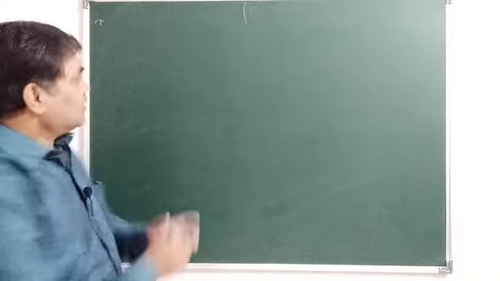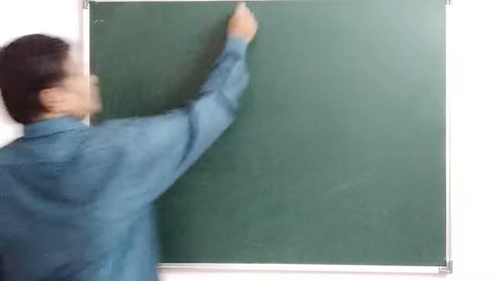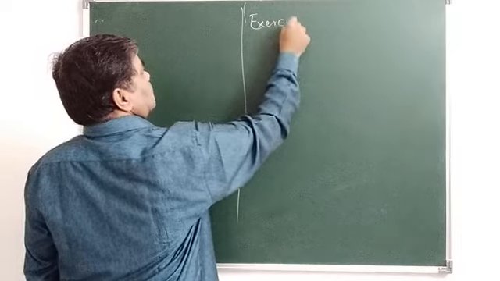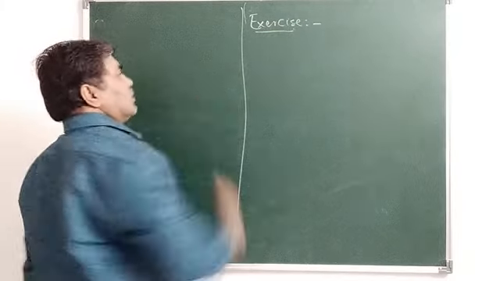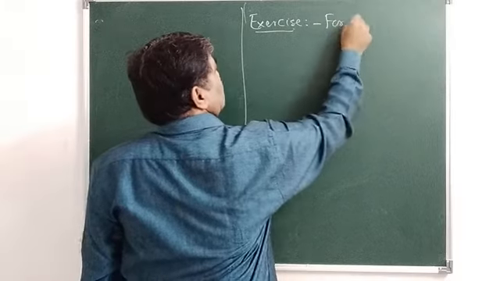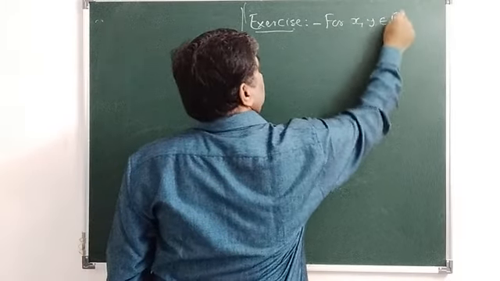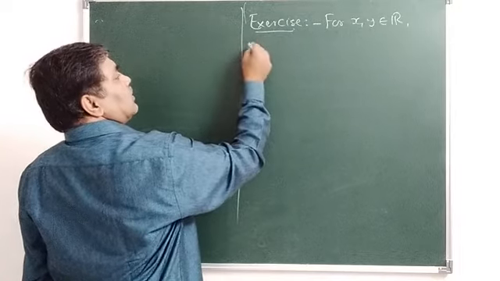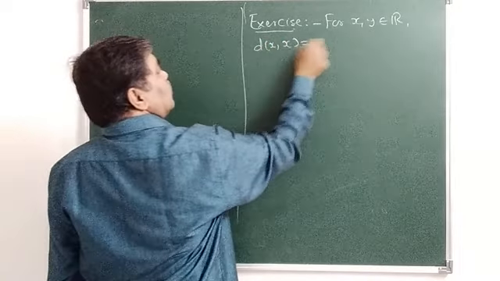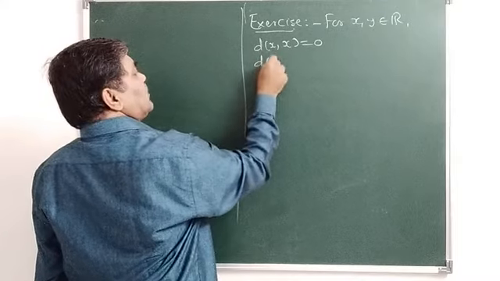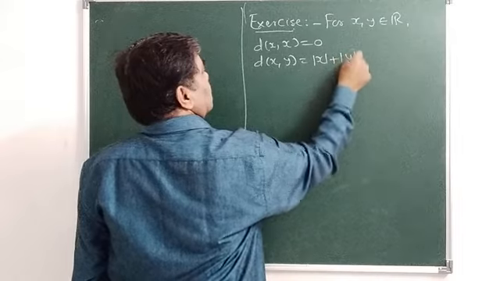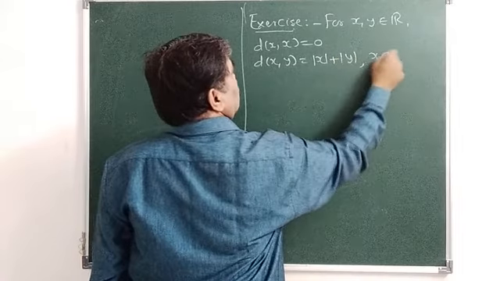So what is the exercise? For x, y belongs to the set of real numbers, let d(x,x) equal to 0 and d(x,y) equal to mod x plus mod y, x not equal to y.